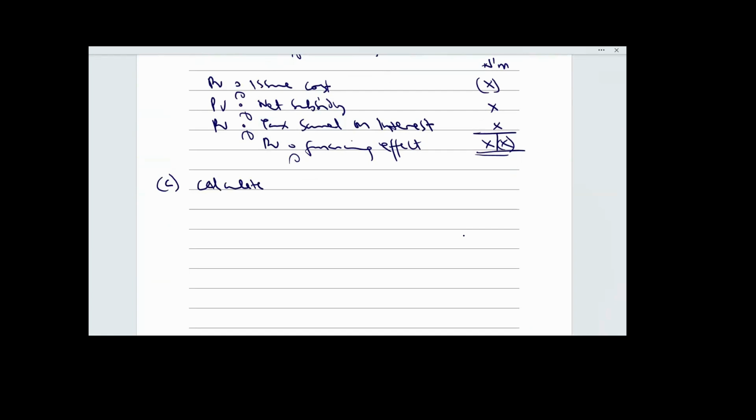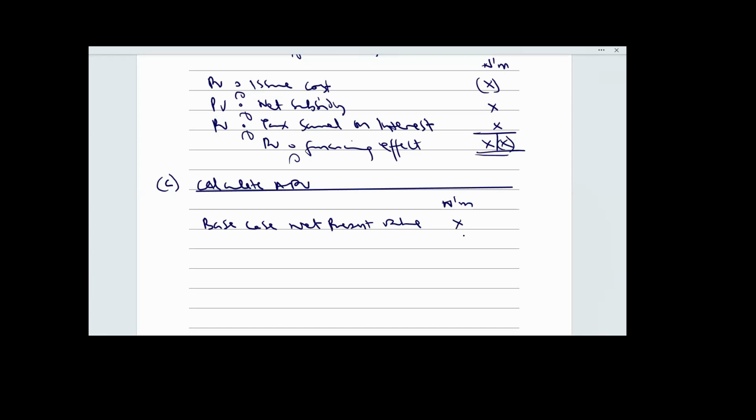Calculate adjusted present value. How do you do this? Simple. To get the adjusted present value, you pick the base case net present value you have computed in step 1, put it there.